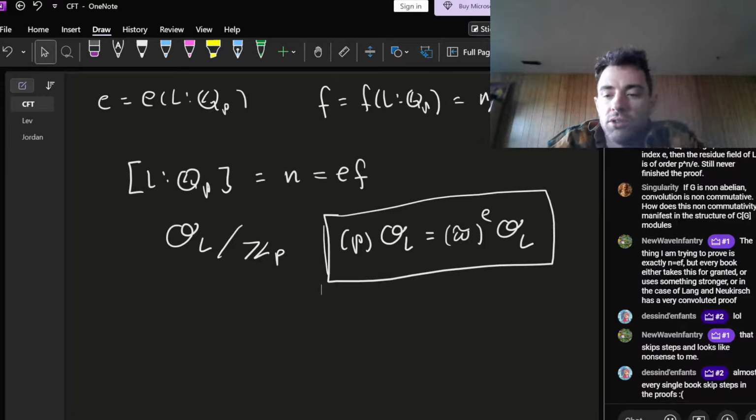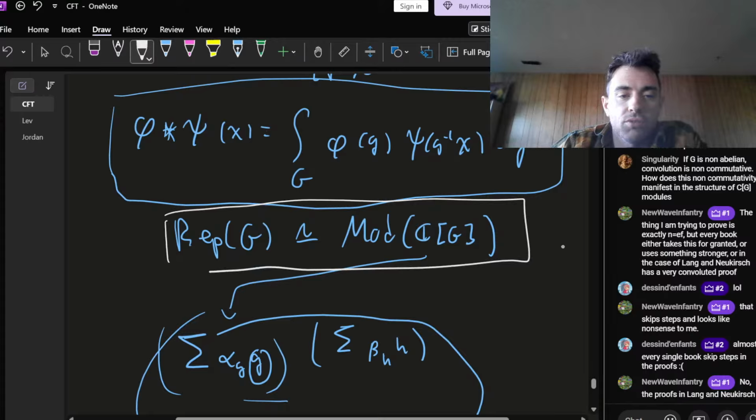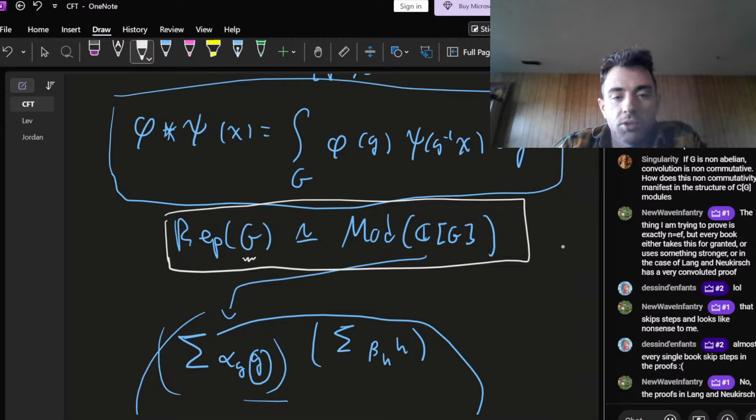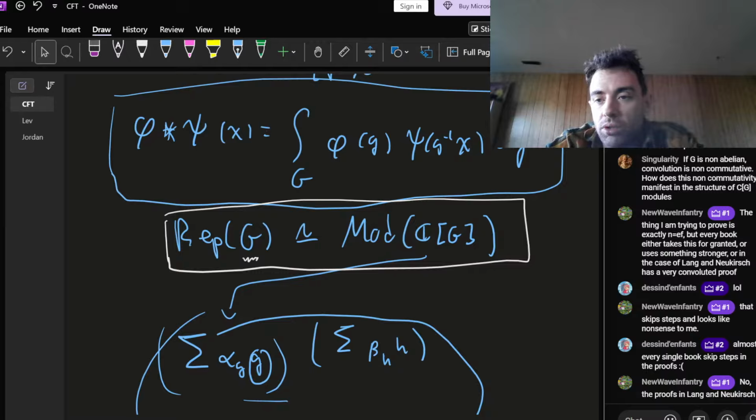I'm not sure what to say there, because we have this equivalence of categories, it's kind of like asking how the non-commutativity of G manifests in the category Rep G. As you might know, if G is abelian, all the irreducibles are one-dimensional, and if not, then you have some higher dimensional representations.